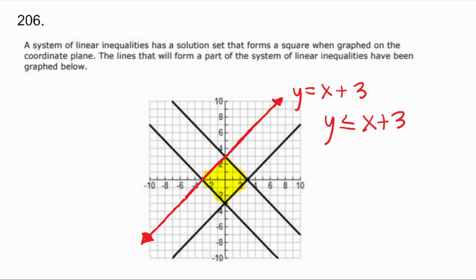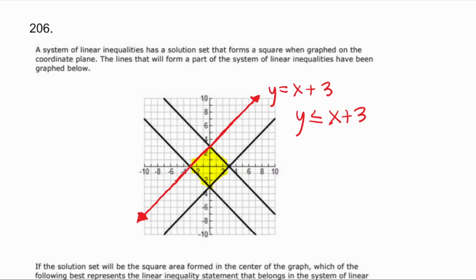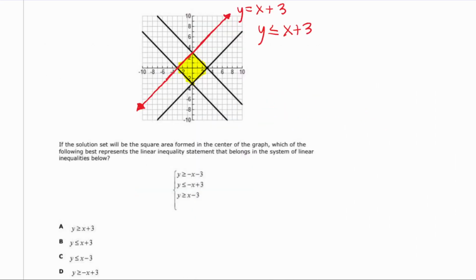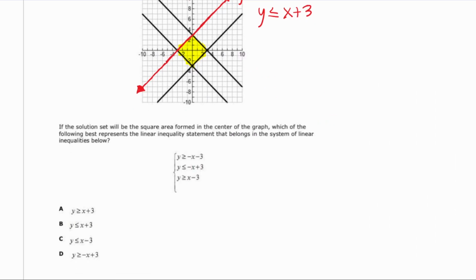So that's what I'm going to be looking for in my answer choices. So I'm going to zoom out. Okay, so this inequality here should be showing up, y less than or equal to x plus 3. And yeah, there it is. Okay, so that's why that one would be answer choice B.